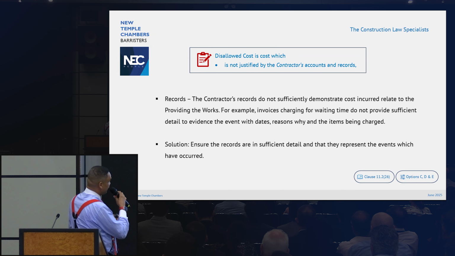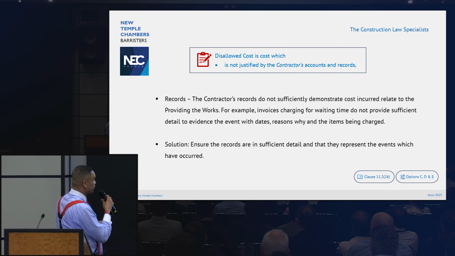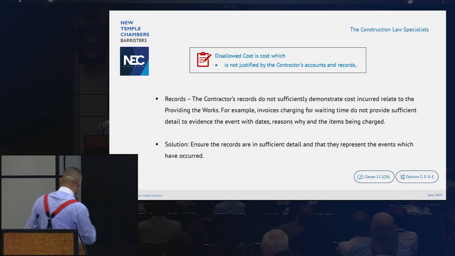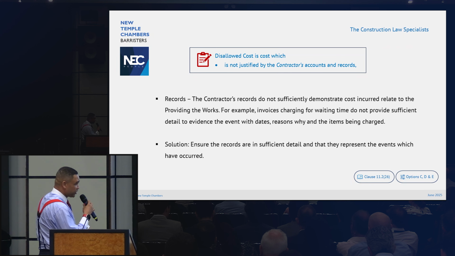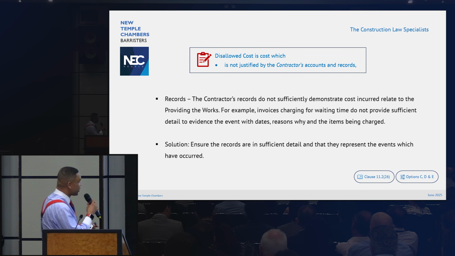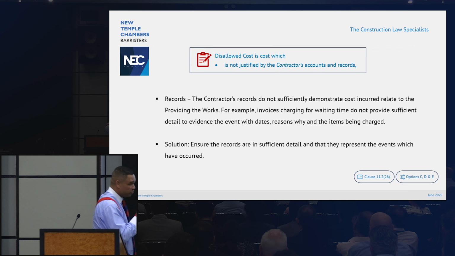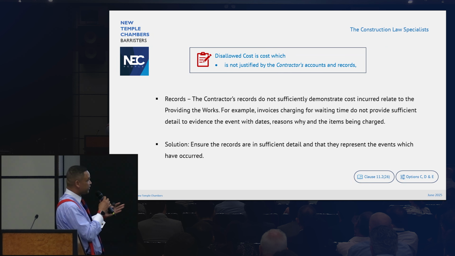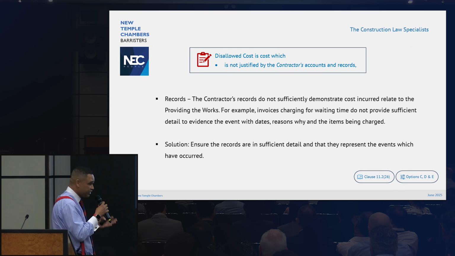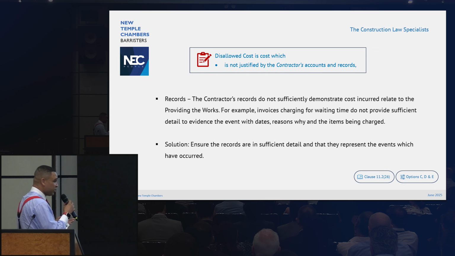Now, what do we mean by that? Contractors' records don't sufficiently demonstrate that the cost incurred has been in providing the actual works. So this could be invoices, waiting time, and more importantly, how is that actually evidenced? For example, with dates, reasons, etc. So we've got timesheets saying waiting time. What were the reasons?